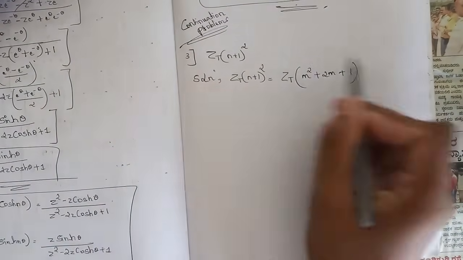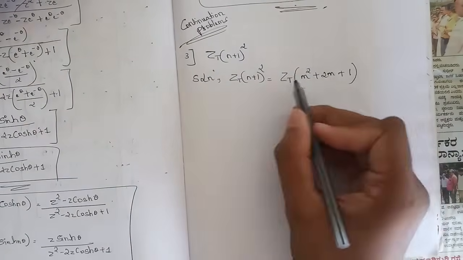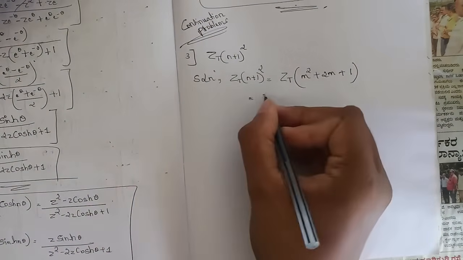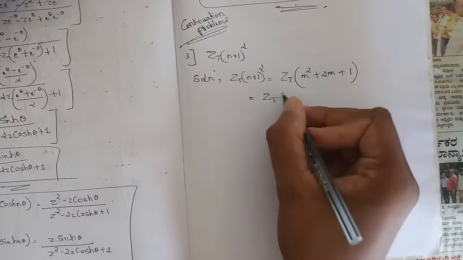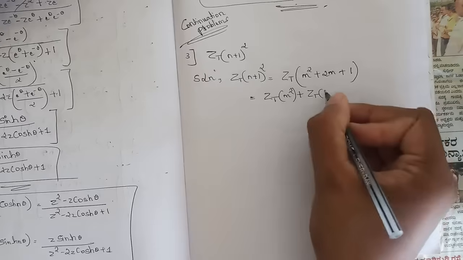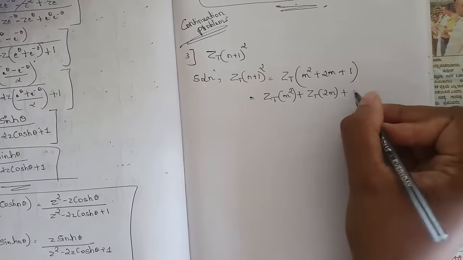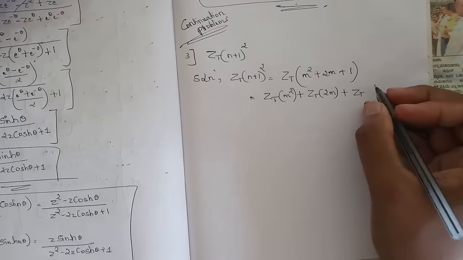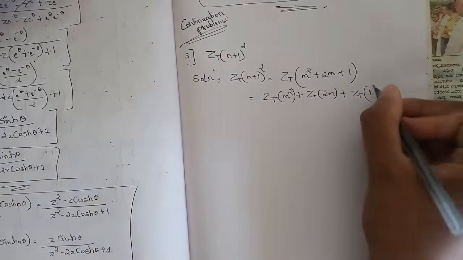So now we are going to use the linear property, and we are going to split the Z transform. That is the Z transform of n square plus the Z transform of 2n plus the Z transform of 1.